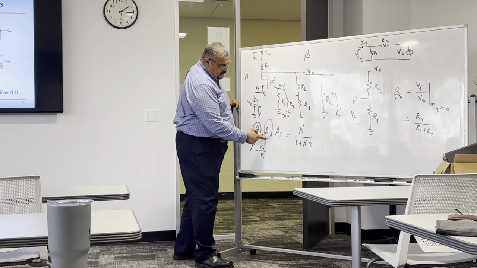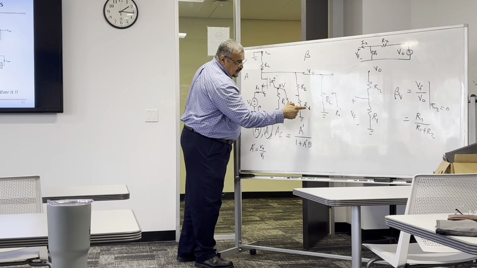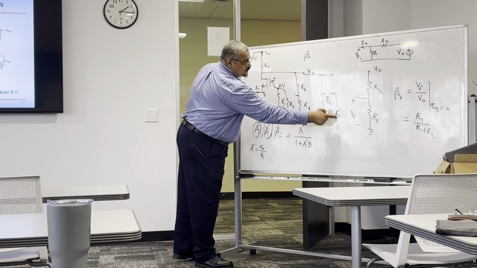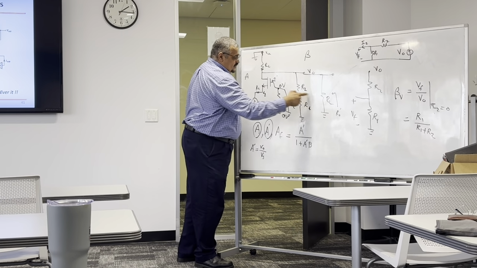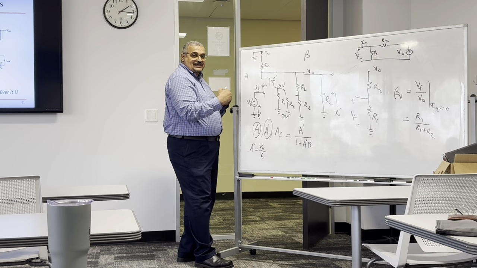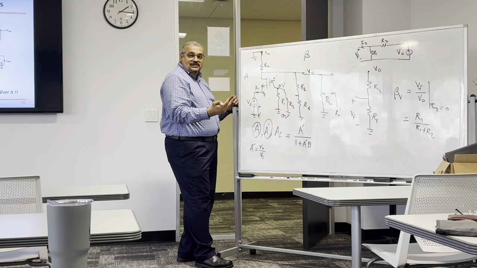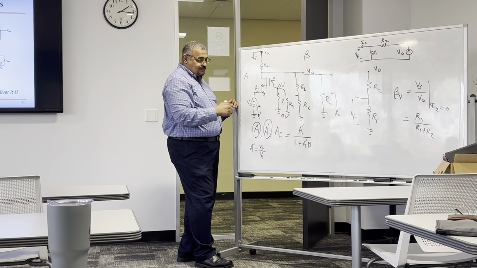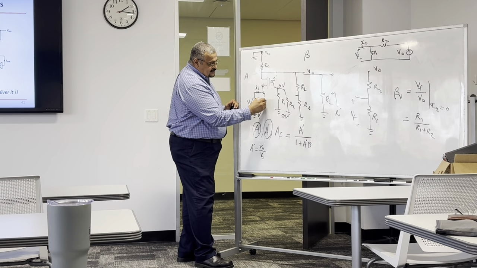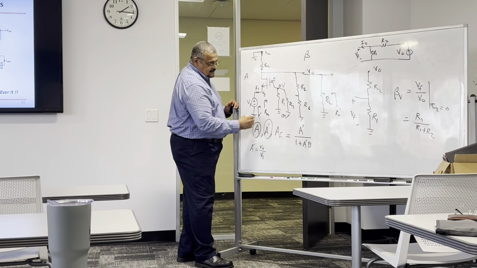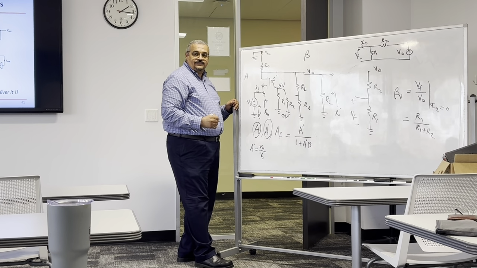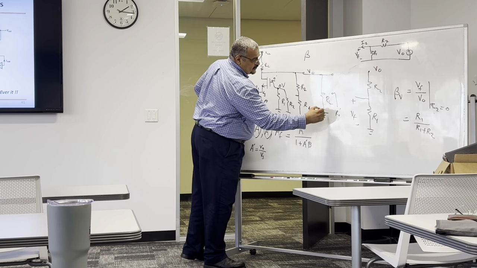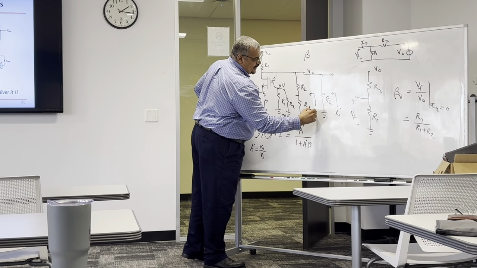So in calculating A prime, R in prime, R out prime, include the load resistance and the source resistance in the calculation. Now after you do that, you're going to get rid of them. If you'd like to find just the resistance from here, we're going to call it R in. And this is going to be R out.